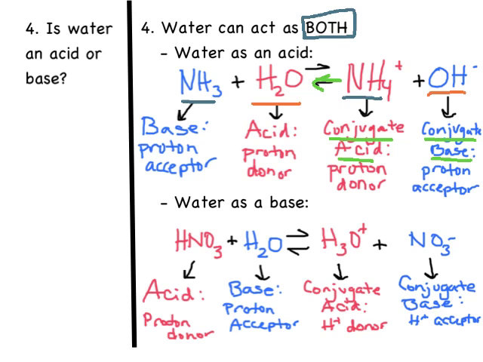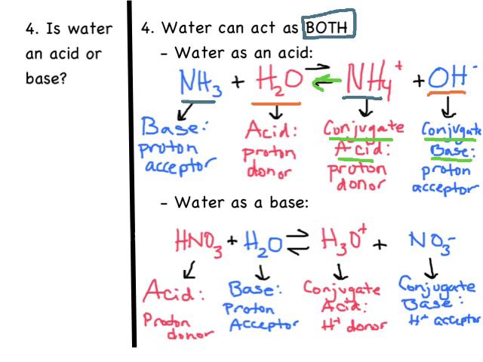That makes it an acid, but since it's on the right side of our equation, we call it a conjugate acid. And on the other hand, OH minus on the right-hand side, when we look backwards in the reaction, is going to gain another proton to become H2O again, so it's a proton acceptor, so it's considered a base. But again, instead of being a full base, it's what we call a conjugate base.